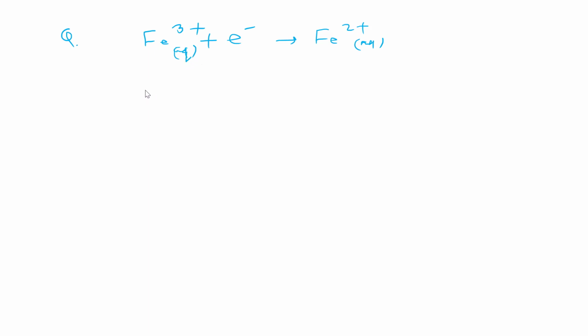For this reaction, you have to write the symbol for reduction potential. As this reaction is a reduction reaction, we can write the reduction potential symbol as well as the SRP symbol. So how do we represent the reduction potential of this? What symbol are we using for this?